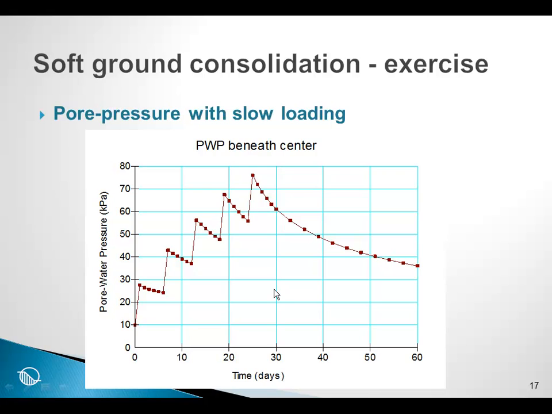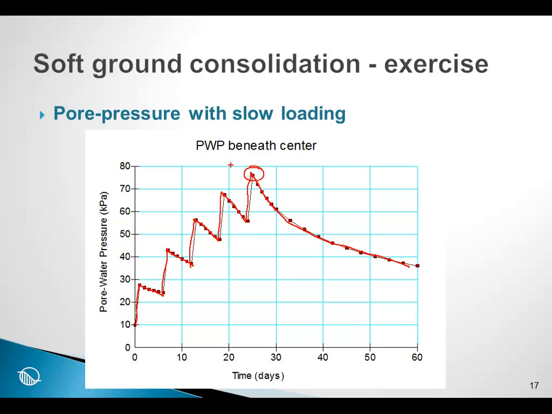And if you do that, then you will notice that the pore water pressure increased when we placed the first lift, but then there was some dissipation. Then it increased in the second lift, some dissipation. Increased second, third, and dissipation, fourth, and dissipation, fifth, and then the dissipation phase itself.